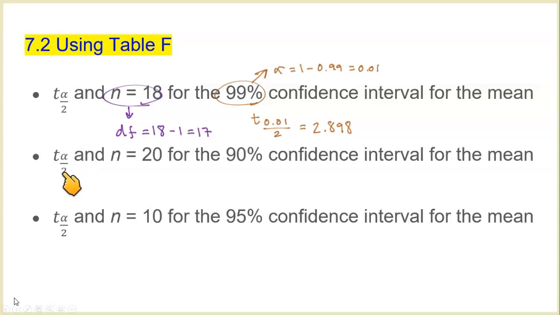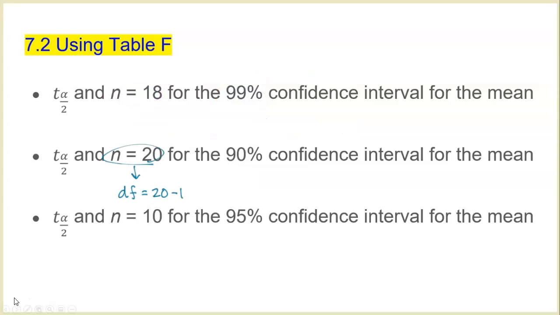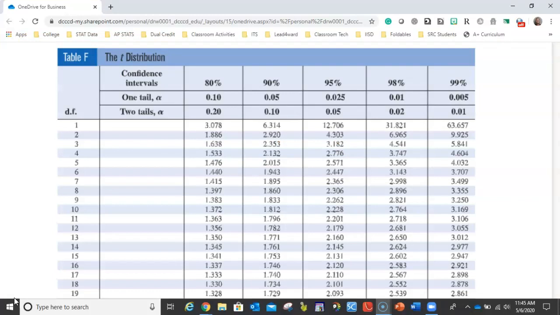So I want to find the critical value when the sample size is 20 for a 90% confidence interval. That means I need to get my degree of freedom. My degree of freedom is 19, 20 minus 1, and alpha is 0.10. So the t-score for 0.10 divided by 2, I'm going to go to the table here.